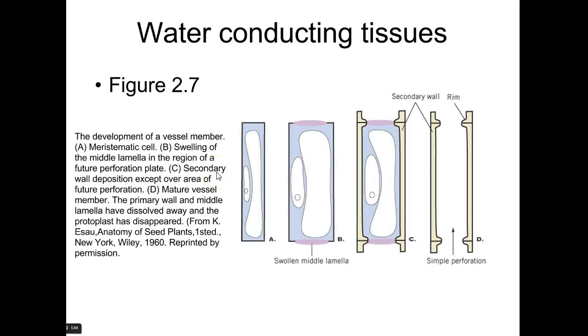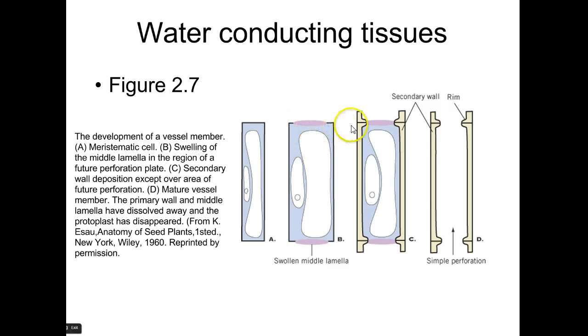Now, what happens, this again is how it's formed, is the cell is very metabolically active, and then we start to see the middle lamella. Remember what the middle lamella is?